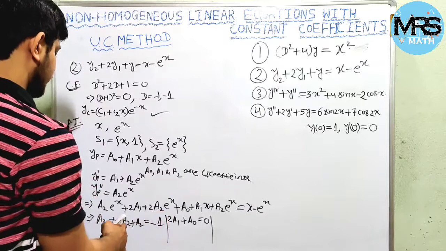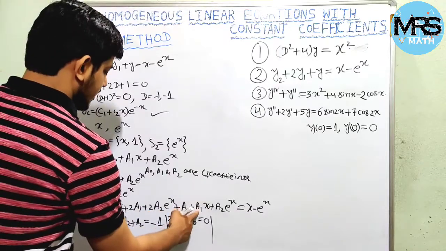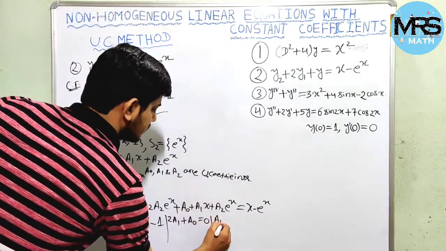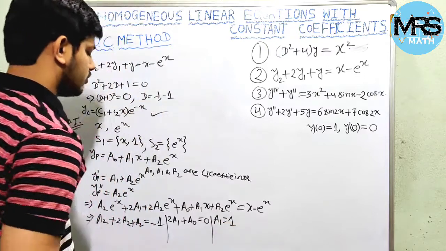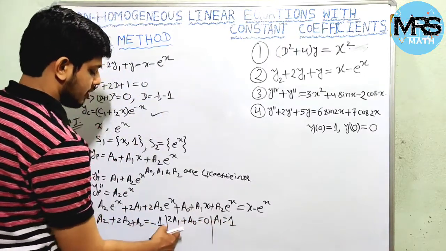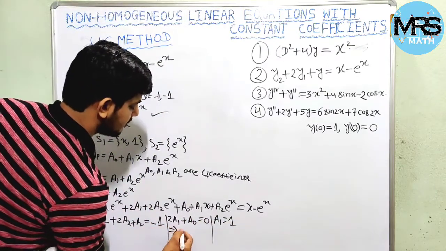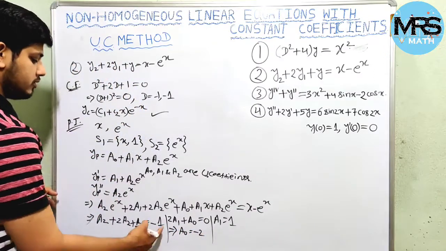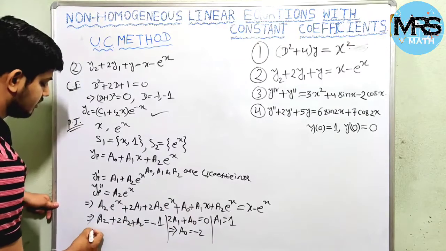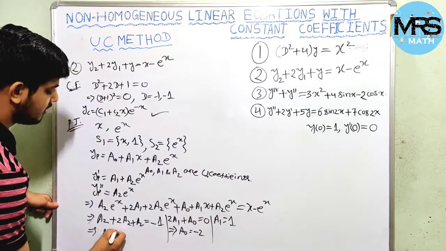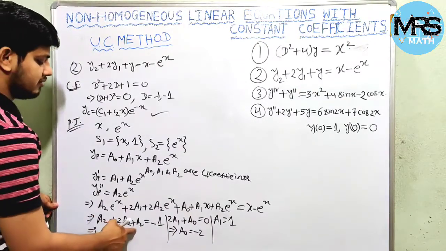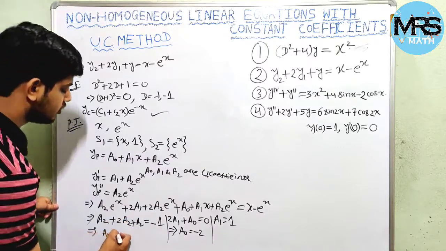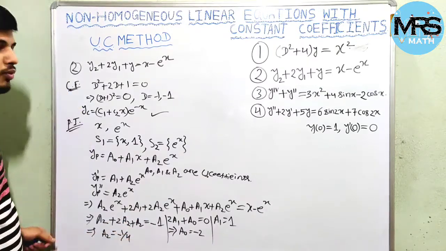Now taking the coefficients of x, you will get a1, so a1 will be equal to 1. So putting this a1 in this equation, what we will get? a0 will be equal to minus 2, correct? And a2 will be equal to, this is 2 plus 1, 3, 4a2 equal to minus 1. So a2 will be minus 1 by 4.